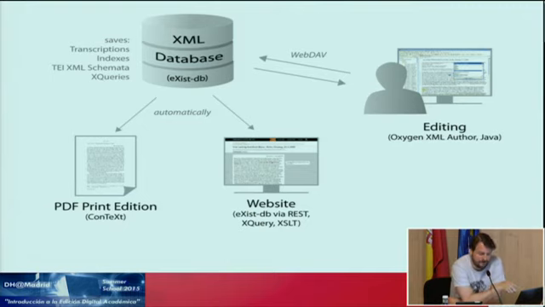Everything is stored inside eXist. When the user presses the Save button, it is stored directly to eXistDB, and from there the XML documents are automatically generated to be shown on the website, and you can also have a PDF print.